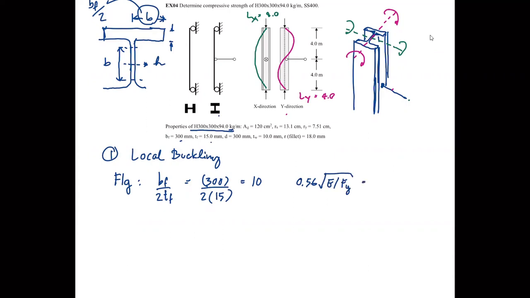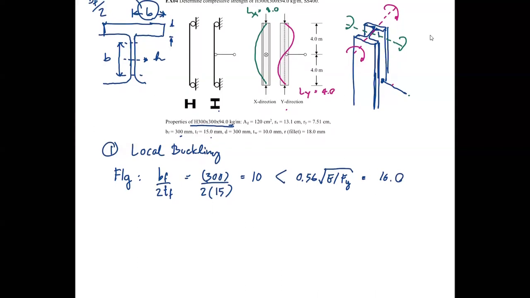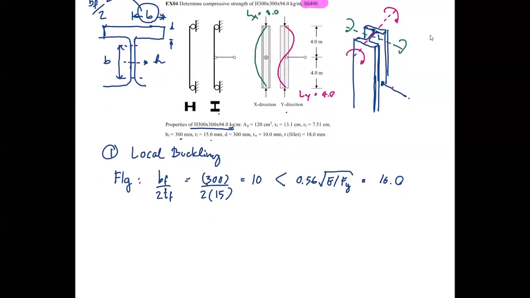And this is roughly, as I say, 16. So the flange slenderness ratio is less than the limit. But we must check the web as well. Oh, I forgot to say that this is SS400, right? SS400. So Fy here, that's 2500.